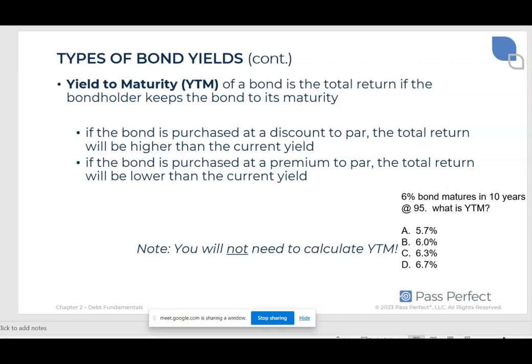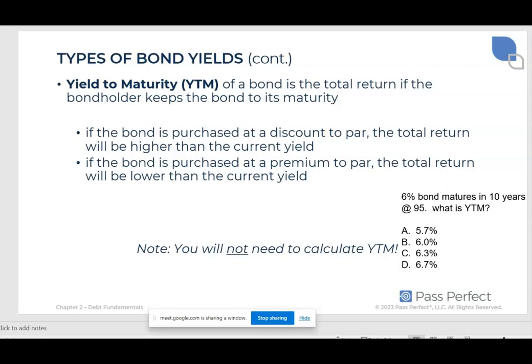It lowers their return, it lowers their yield. So when the price goes up, a premium bond, the nominal yield stays the same, always the same. The current yield goes down because they had to pay a higher price for it. And the yield to maturity goes down more than that to account for this built-in loss for buying at a premium and getting $1,000 back.